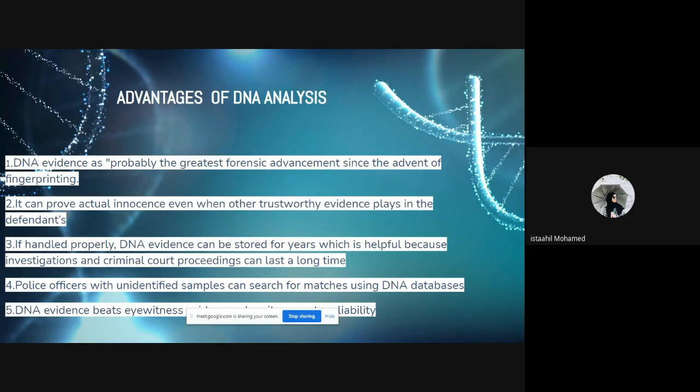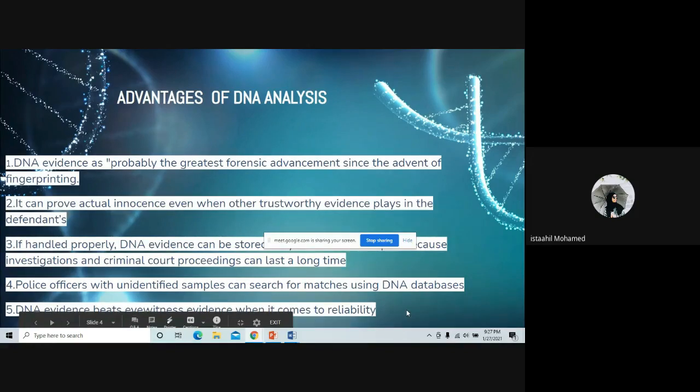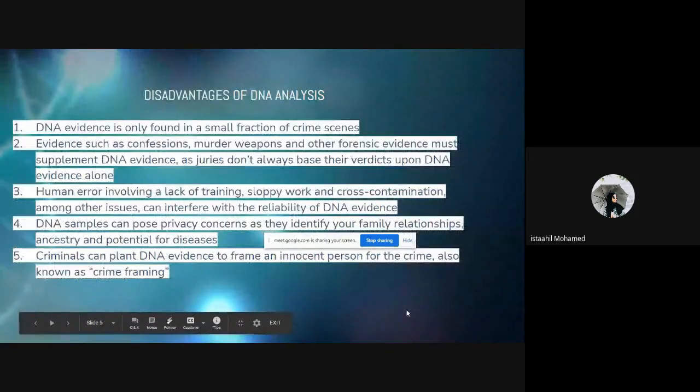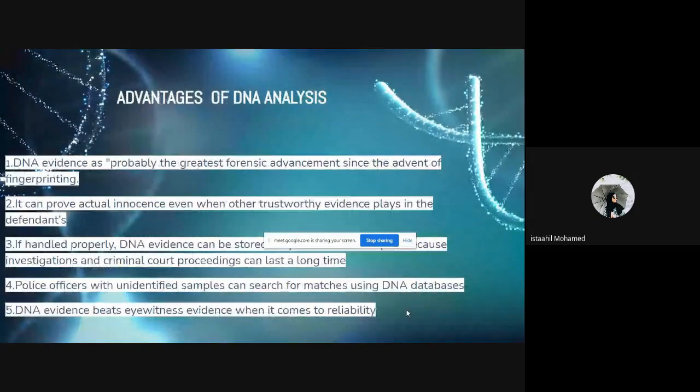Also, police officers with unidentified samples can search for a match using a DNA database. Also, DNA databases beat eyewitness evidence when it comes to reliability.